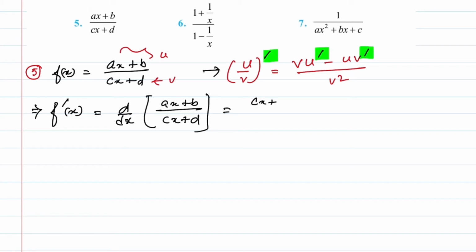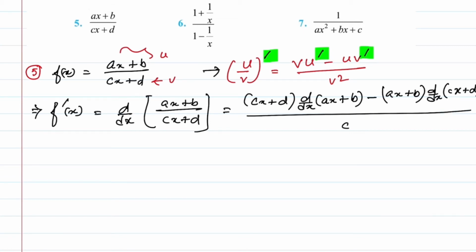According to this, denominator (cx plus d), derivative of the numerator (ax plus b), minus numerator (ax plus b), derivative of the denominator (cx plus d), and divided by denominator square, (cx plus d) whole square.